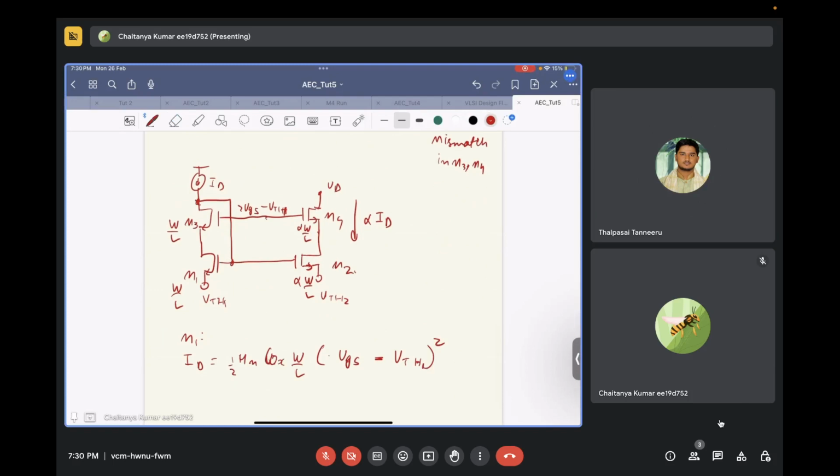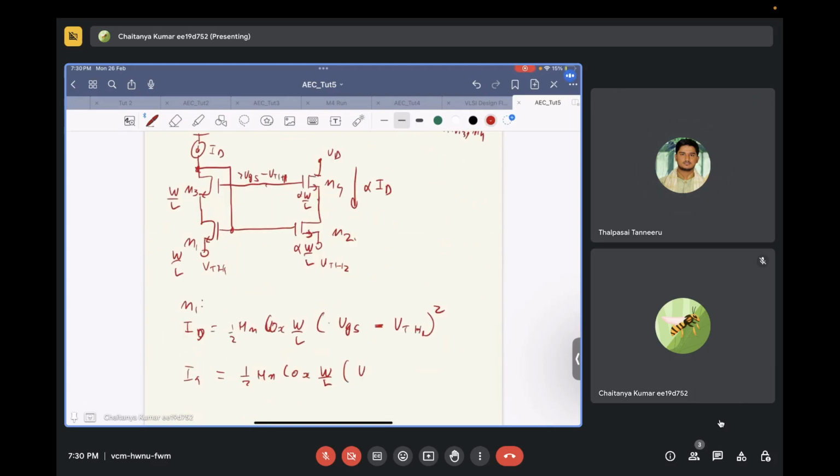VGS minus VTH1 whole square. And in the other case, it's I alpha equals alpha times half mu1 Cox W by L times VGS minus VTH2 whole square.